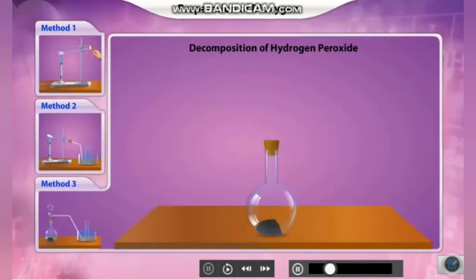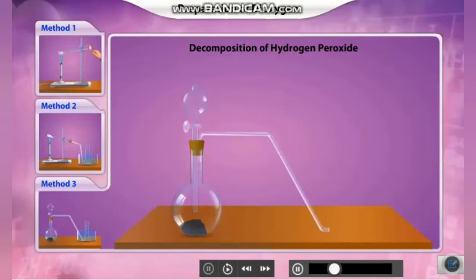Through one inlet, a dropping funnel is introduced, and through the other inlet, a delivery tube is passed. The other end of the delivery tube is immersed in water in a trough and covered with a beehive shelf. An inverted jar, half filled with water, is placed on top of the beehive shelf.